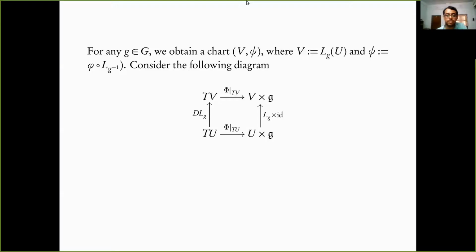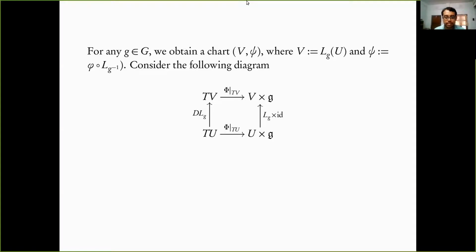The upper one is what we're trying to show is a diffeomorphism. What about the two vertical arrows? Well, the two vertical arrows are also diffeomorphisms, right? Because left multiplication and its derivative, they're all diffeomorphisms. So if the diagram commutes, that implies that the top horizontal map is a diffeomorphism, and in particular, it's smooth. So we are done once we show that this commutes.